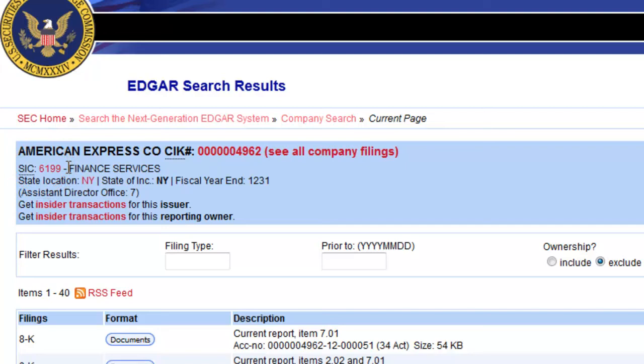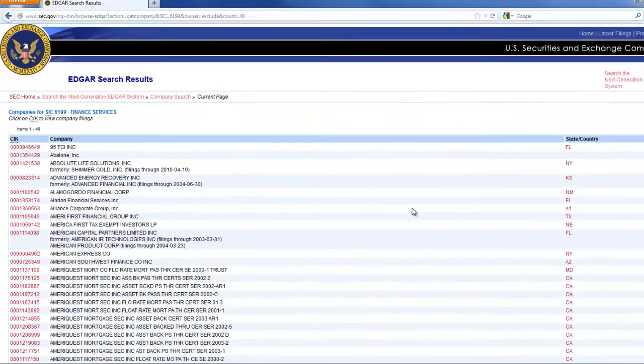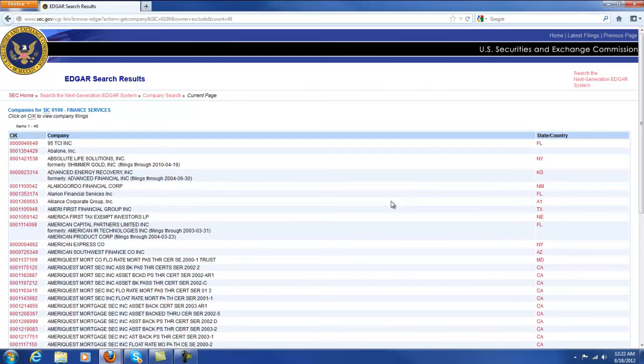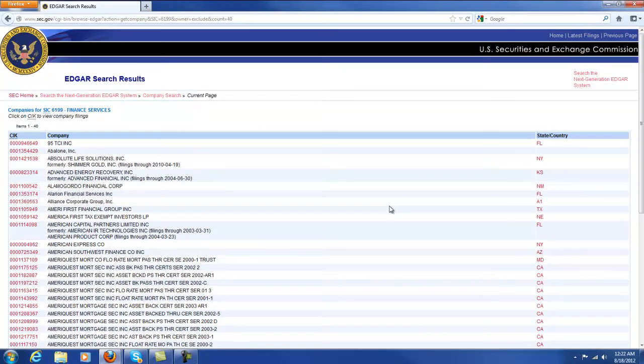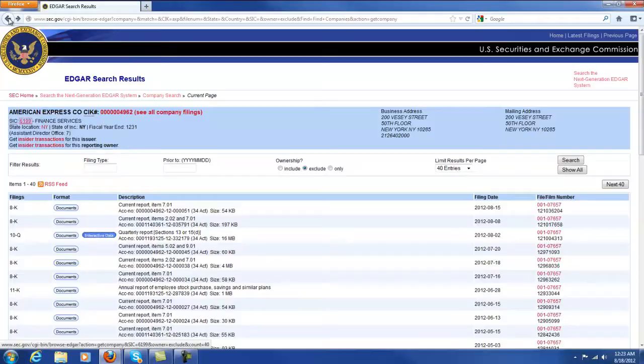And instead of taking 6199 to the previous page, I can just click on it, and it displays all the competitors, all the companies that operate within that industry. And if I want to study them one by one and see how they compare to the subject company, then I could do that. So that's how you really want to use SIC codes. Let's go back.